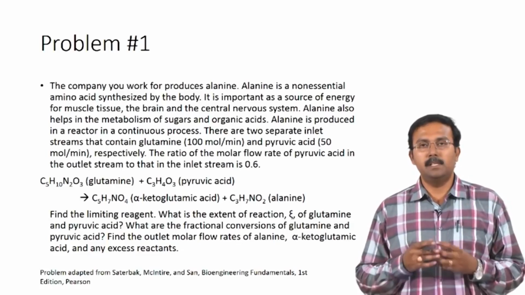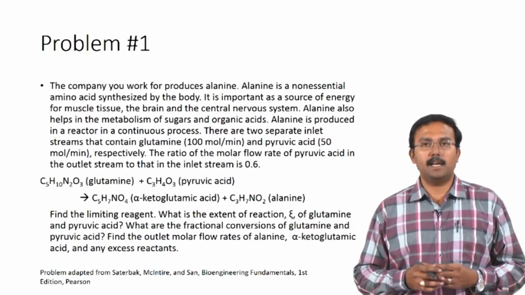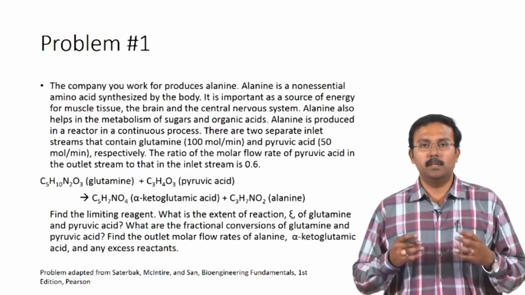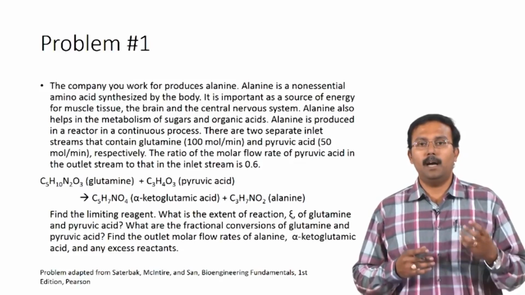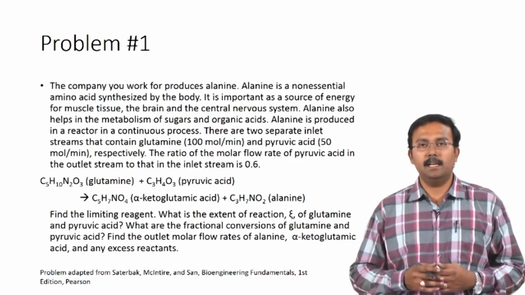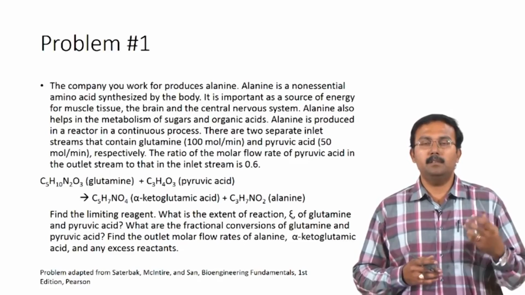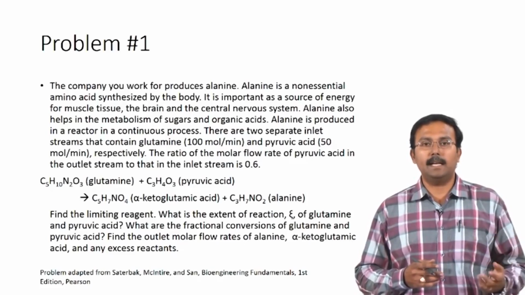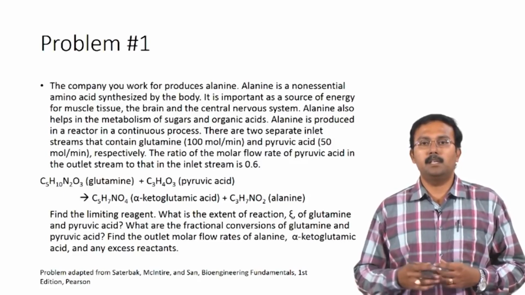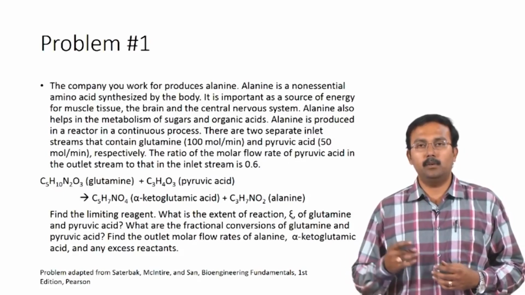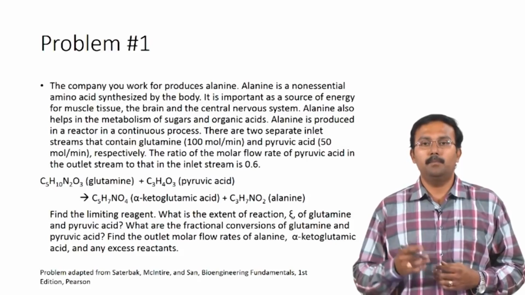So, this is a simple single unit process with a single reaction. Here glutamine reacts with pyruvic acid to form alpha ketoglutamic acid and alanine, and we have also been given the molar flow rates for the reactants glutamine and pyruvic acid. We have also been told the ratio of the outlet to inlet streams for pyruvic acid.